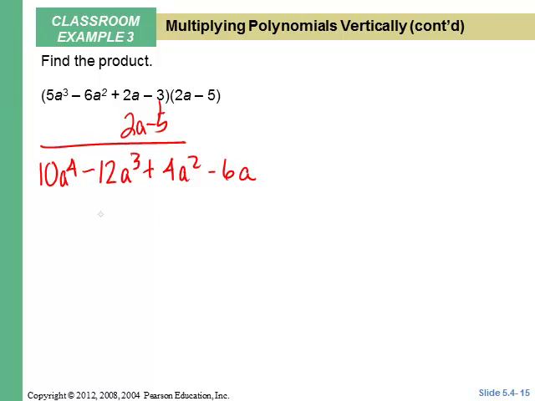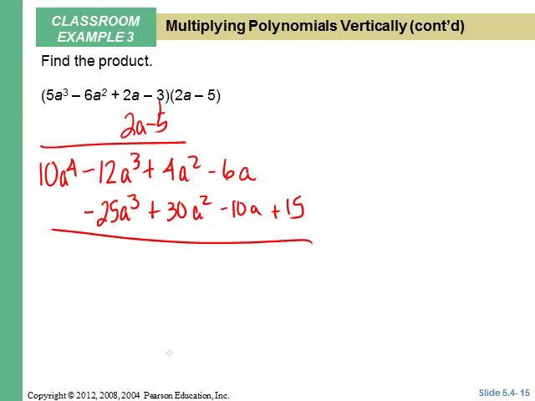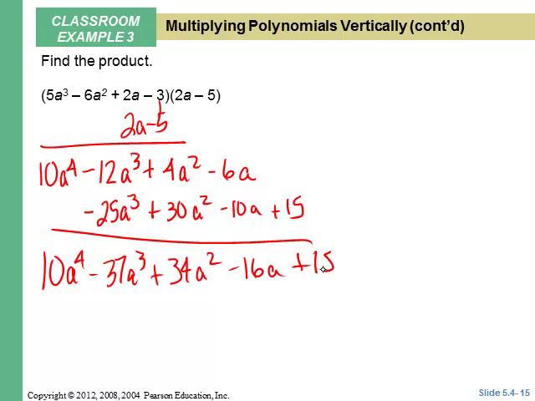Negative 5 times 5 is negative 25a cubed. Negative 5 times negative 6 is plus 30a squared. Negative 5 times 2 is negative 10a. Negative 5 times negative 3 is positive 15. Now, why did I start at the front? Because I didn't want to end off at the edge of the page. So we have 10a to the 4th. Notice I matched them up vertically. Minus 37a cubed plus 34a squared minus 16a plus 15.